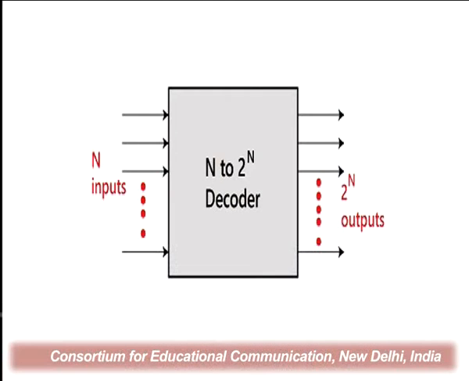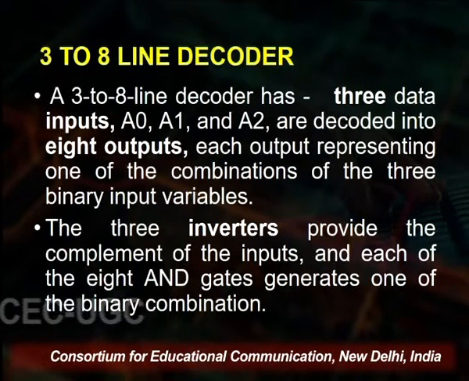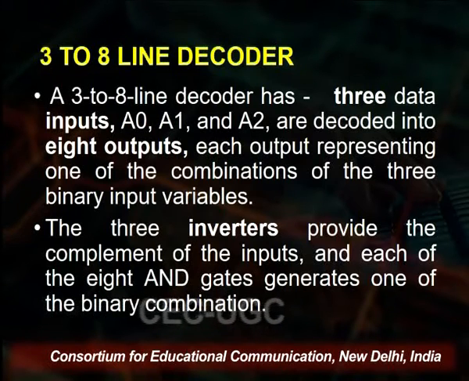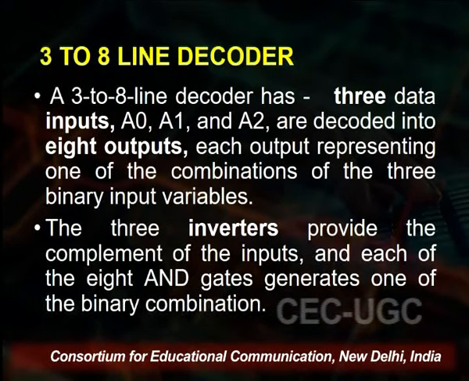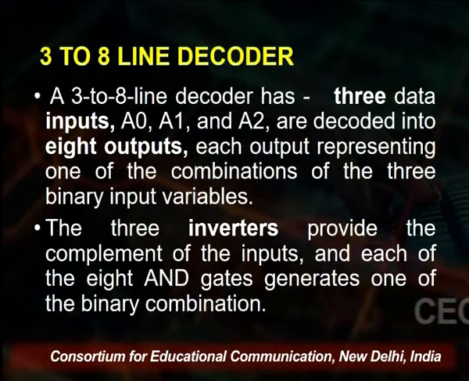Let's look at the circuit. As we know, n to 2 to the power n decoder. On the input side you have n lines, and on the output side you will have 2 to the power n output lines. Let's take an example of a 3 to 8 line decoder. 3 inputs converted to 2 to the power 3, which is equal to 8 outputs.